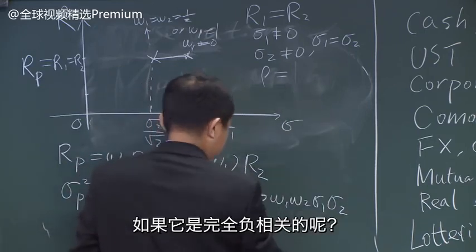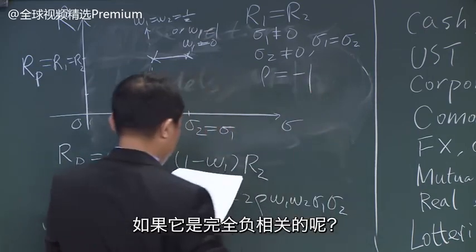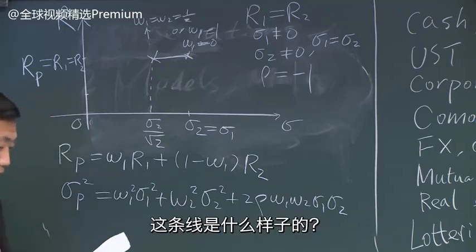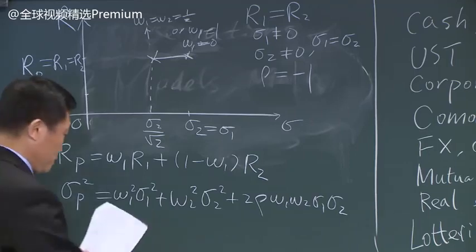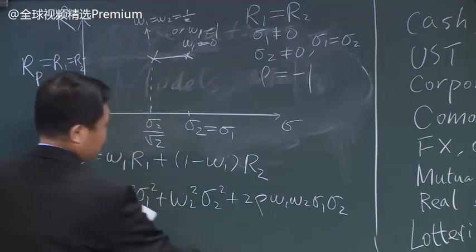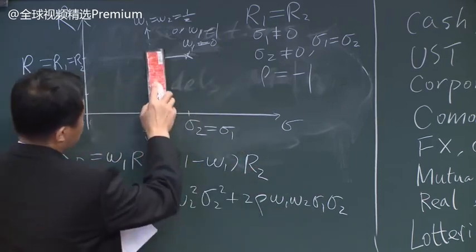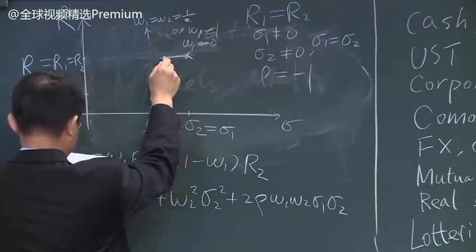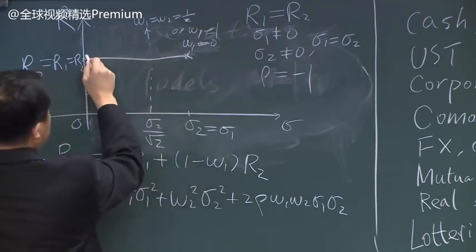What if it's perfectly negatively correlated? What does this line look like?